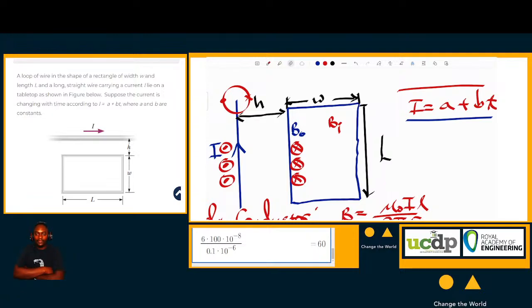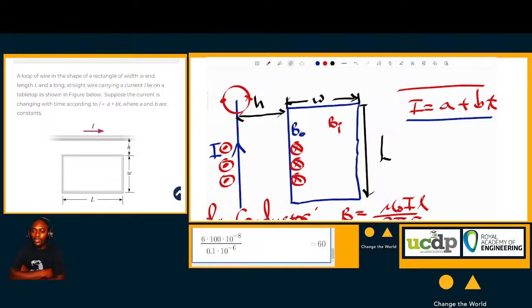And the induced magnetic field for the loop will be everywhere inside the loop. Remember, you are focusing on the inside of the loop. And we've realized that the magnetic field due to the straight conductor is into the page, and the magnetic field is increasing.